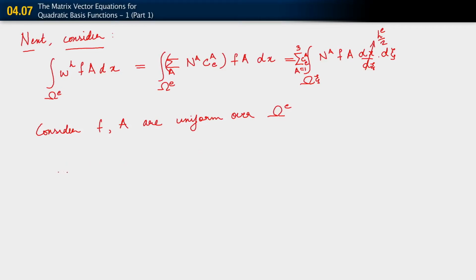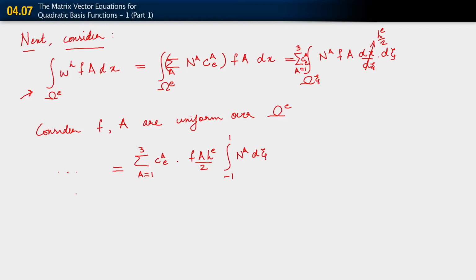So what that tells us is that what we're trying to compute from up here is the sum over A equals 1 to 3 of c_A^e times f A h^e over 2, times the integral from minus 1 to 1 of N_A dxi.